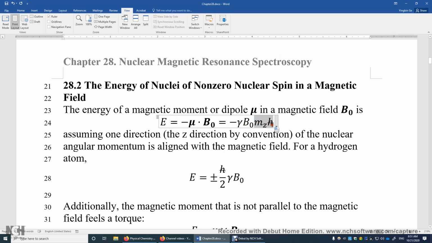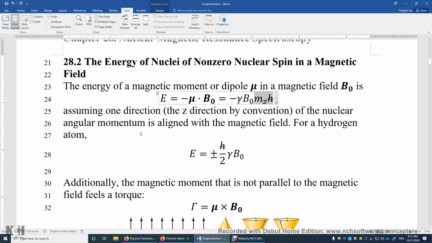I didn't put I here, because I was used for the magnitude of the three-dimensional nuclear angular momentum. But right now, since we applied an external magnetic field, the direction is defined to be the Z direction, so we're going to just focus on the Z direction here.